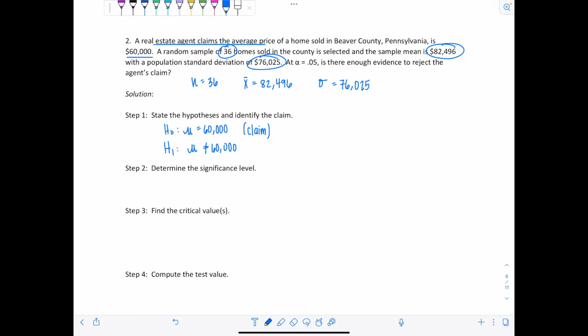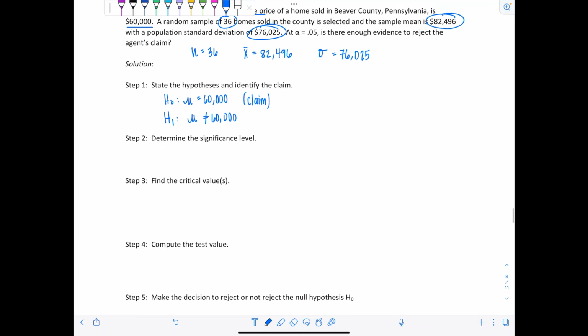Okay, good. Determine the significance level. Well, they told me alpha equals 0.05. At this step, I also want you to say, is it left-tailed, right-tailed, or two-tailed? We'll look at the alternative. Since we have a statement that involves not equal to, not an inequality, then this is a two-tailed test.